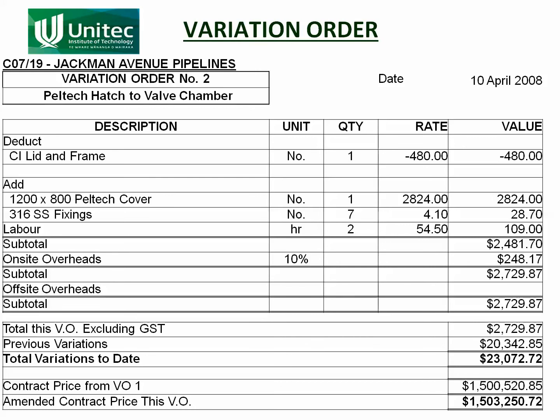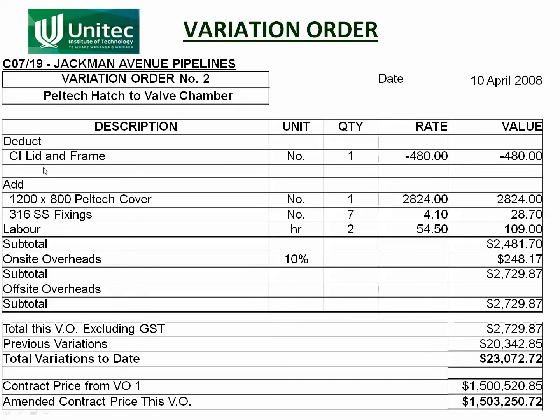Sometimes variations are cost neutral, in which case there's no cost increase whatsoever, so there wouldn't be a variation order issued. But when the variation involves a change in cost, in other words the contractor is being paid more or is being paid less, then the variation order keeps a track of it.